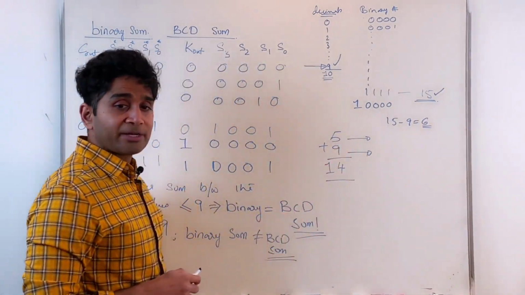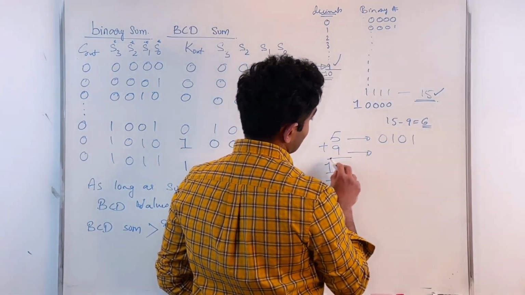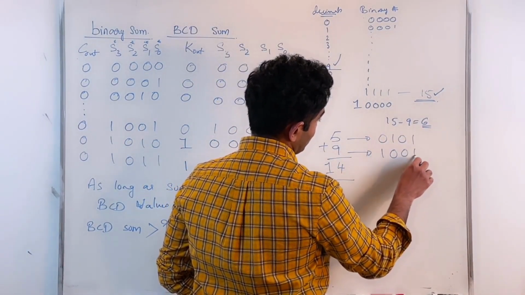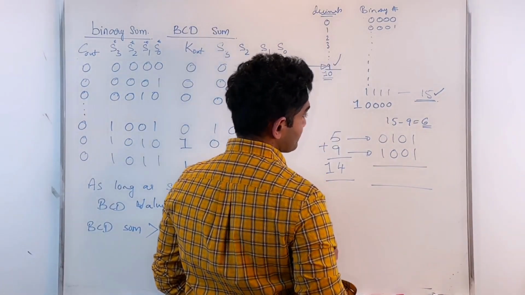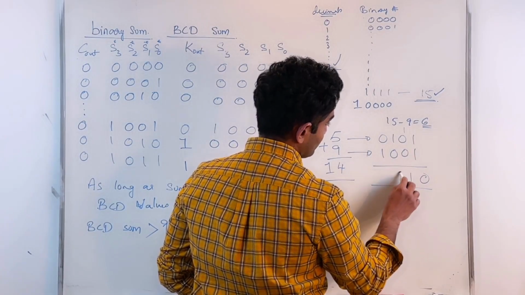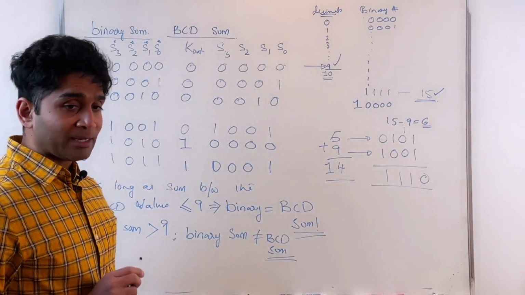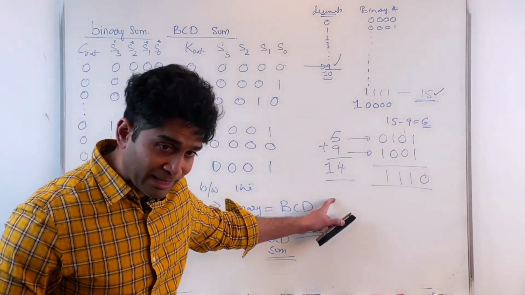Expressed as binary coded decimal values, 5 would be 0, 1, 0, 1. 9 would be 1, 0, 0, 1. I add them together, I get 0, 1, 1, 1, 0. That's 14. That's the right binary value, but it's not in the right BCD format.